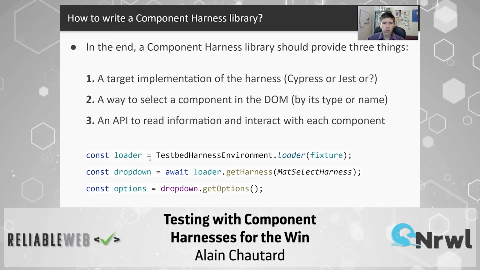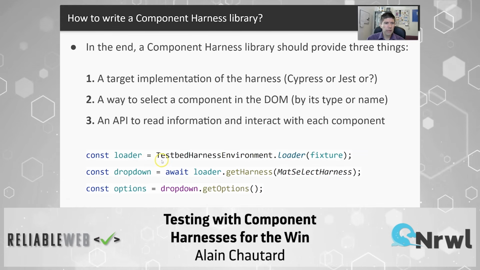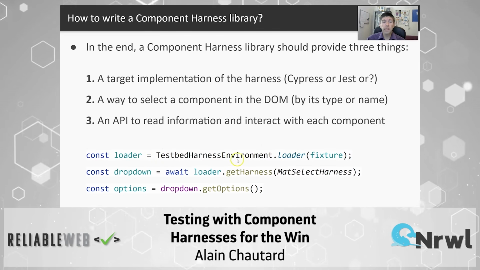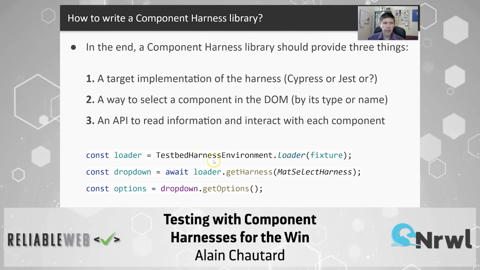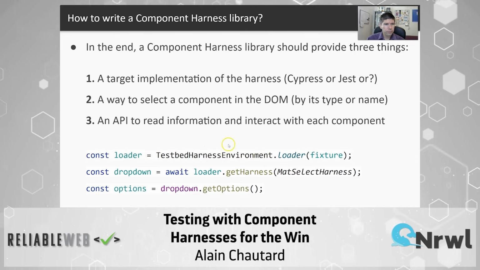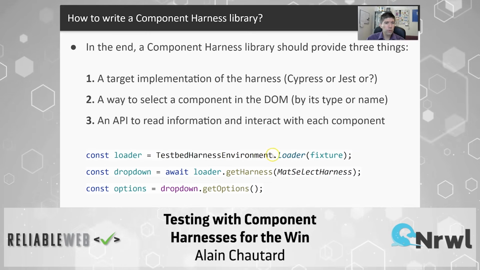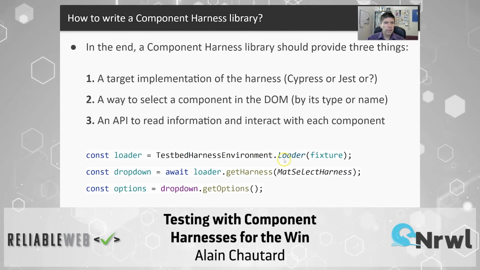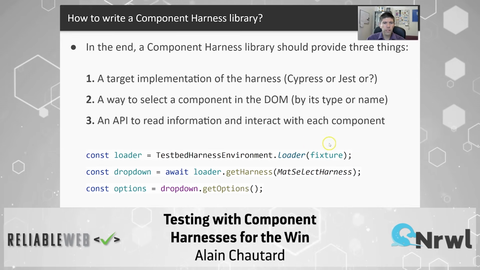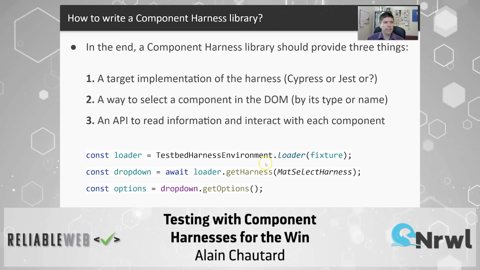These are inspired from the Angular Material CDK, where they have a testbed harness environment. So this one is for unit test purposes. They also have a Protractor harness environment, which is for end-to-end. But here we say, hey, we're doing a unit test, and we want to have a harness loader for the current fixture, which is the current component that we are testing.